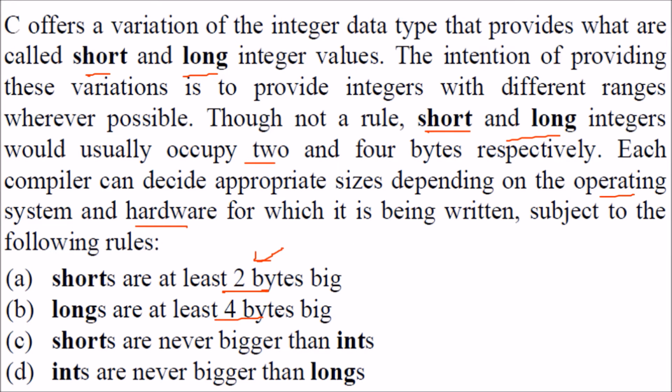Long are at least 4 bytes big. That means if a long integer is being defined or declared, it is going to take at least 4 bytes in the memory. Shorts can never be bigger than integers, and integers can never be bigger than long. So if we have short, then we have integer, then we have long. So this is how the size increases.